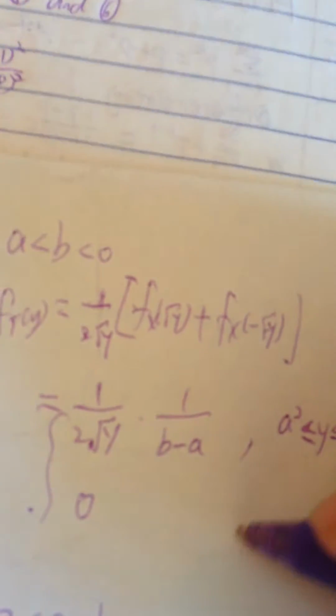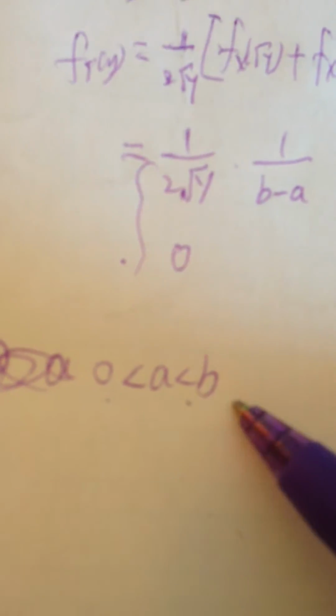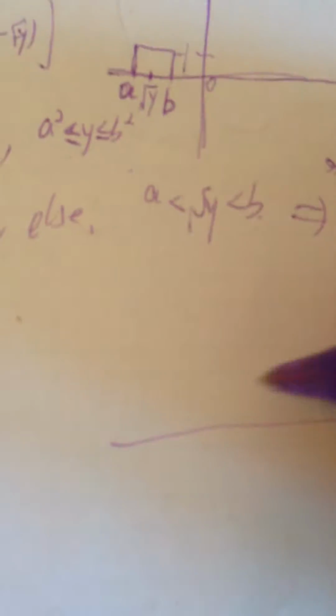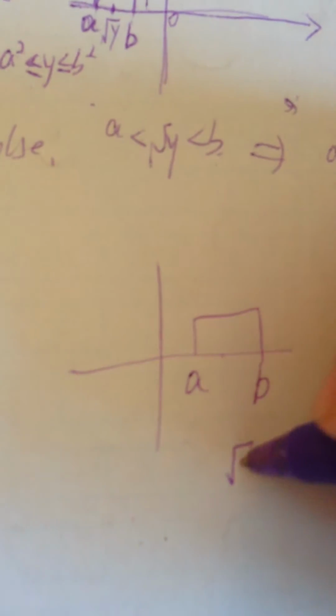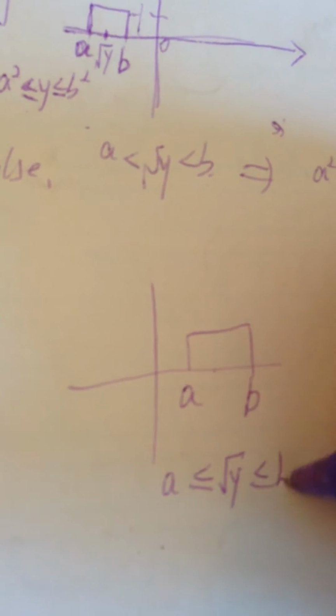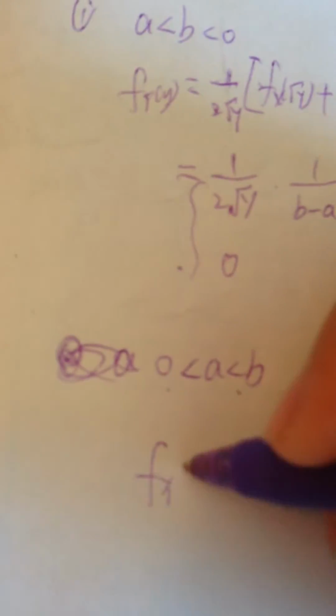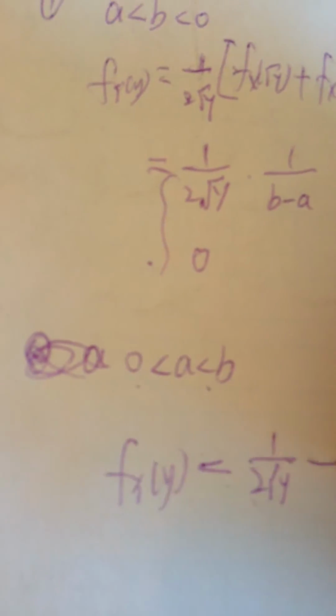It's like this, and it equals 0 else. The second situation is when 0 is less than a and less than b. It's familiar with the first situation. Only when square root y is no less than a and no greater than b, fy of y equals this.